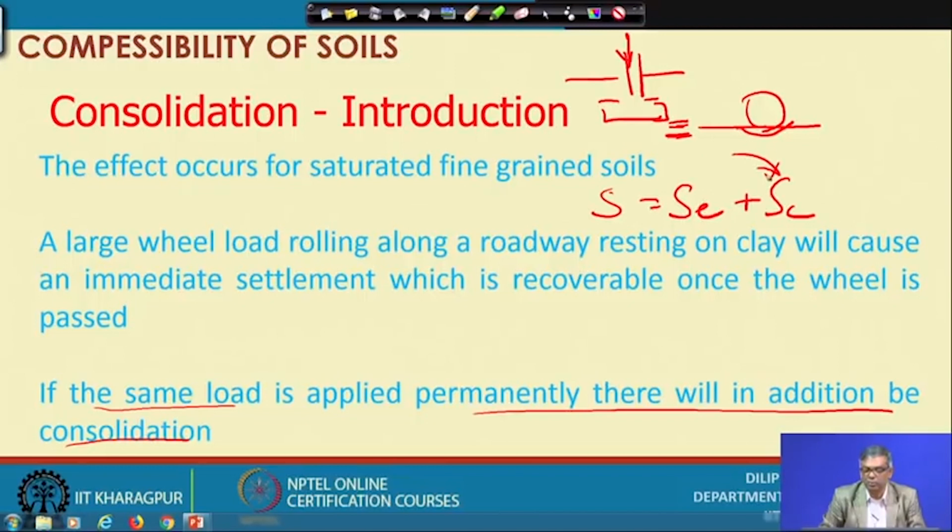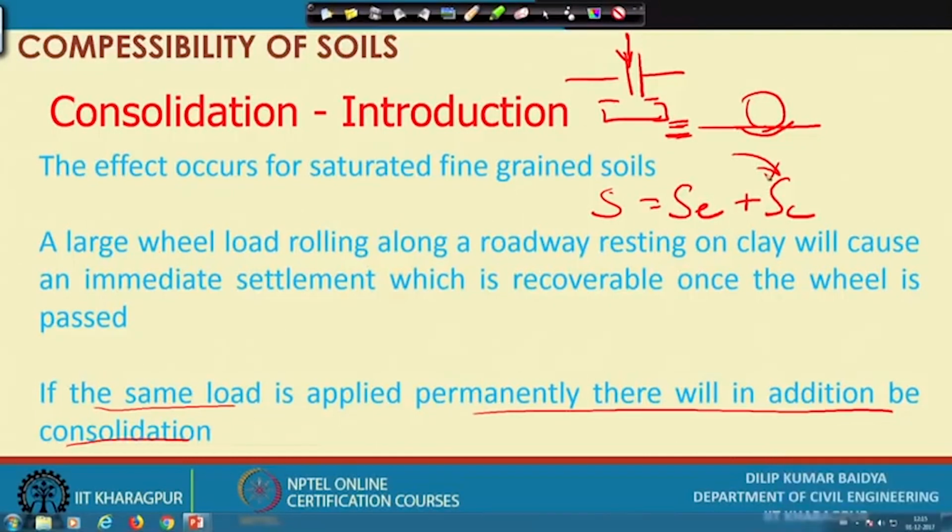Because of the dissipation of pore water pressure, the actual load will be slowly transferred to the soil grains, and because of that loading soil grains will try to come closer, and that will result in the reduction in void ratio, and finally in the final compression. So the reduction in void ratio basically happens because of this consolidation process.